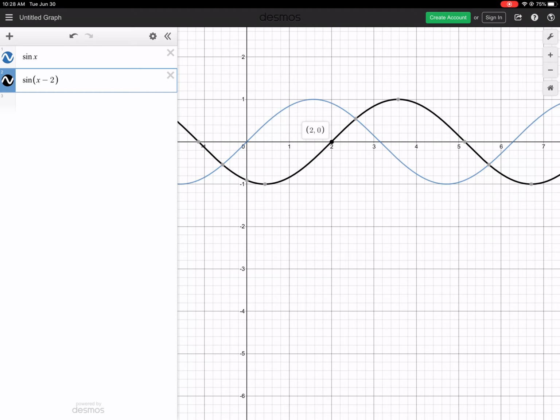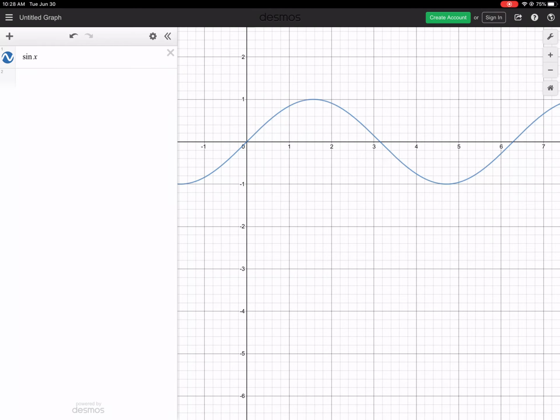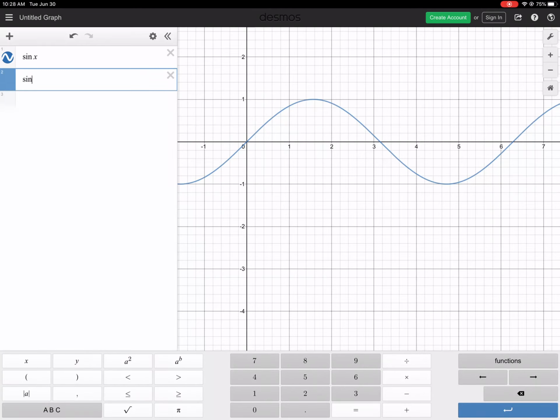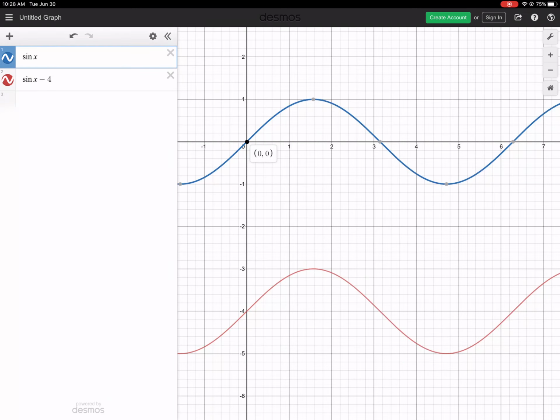This next one is pretty straightforward, and what I'm going to do is take the sine of x, same number, but now I'm going to subtract 4 from it, and you see that now my corresponding point 0, 0 has become 0 minus 4.